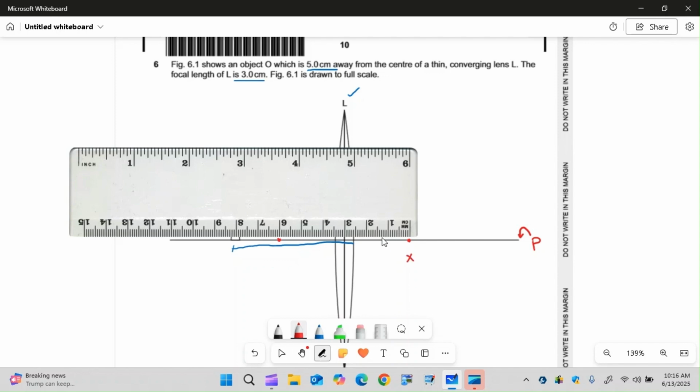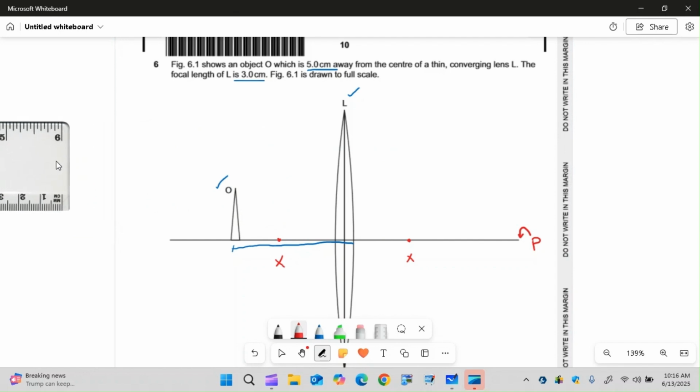Let's say this is X, and this is also X. From this point till this point is 3 centimeter, and the same way on the other side. So this is the focal point, part B.